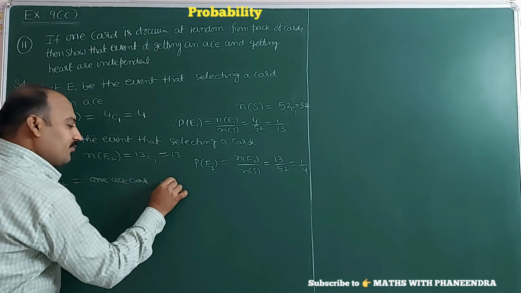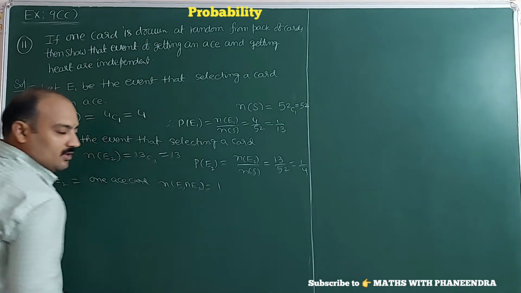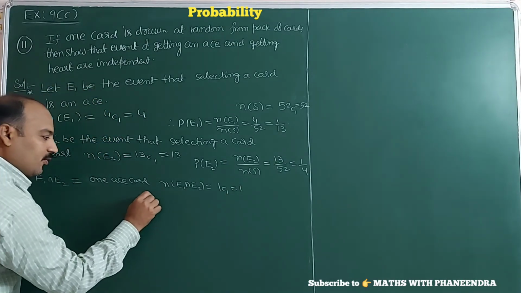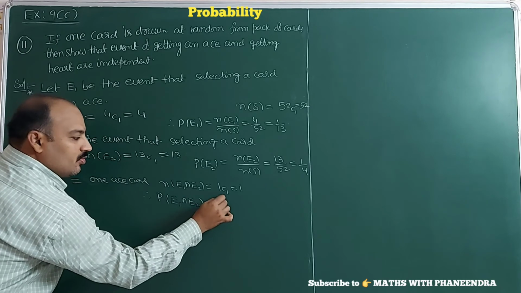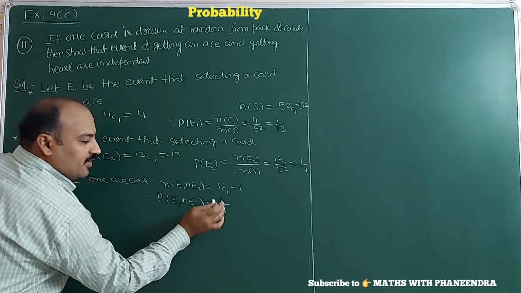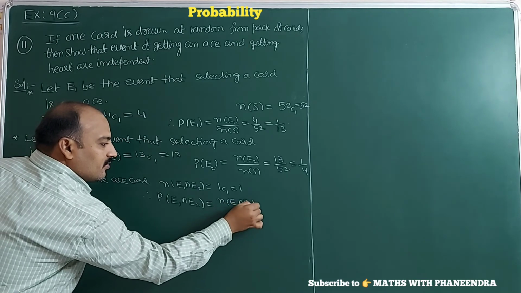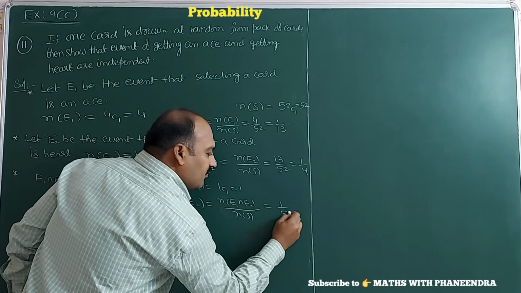So the cardinality of E1 intersection E2 is equal to 1. From that we can select 1, which means 1C1, equal to 1. Therefore, P of E1 intersection E2 is equal to n of E1 intersection E2 by n of S, which is equal to 1 by 52.